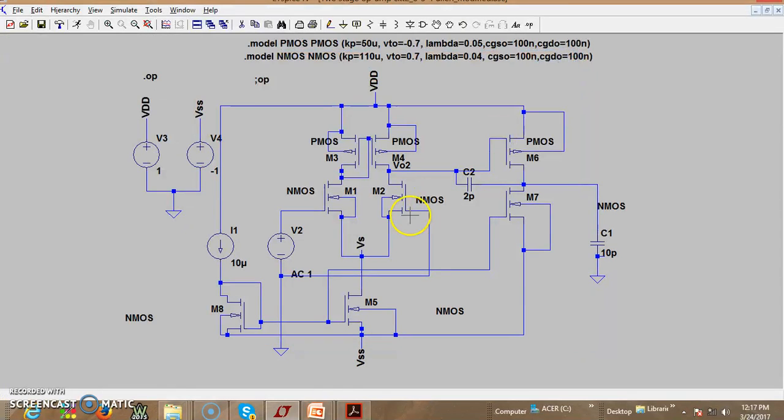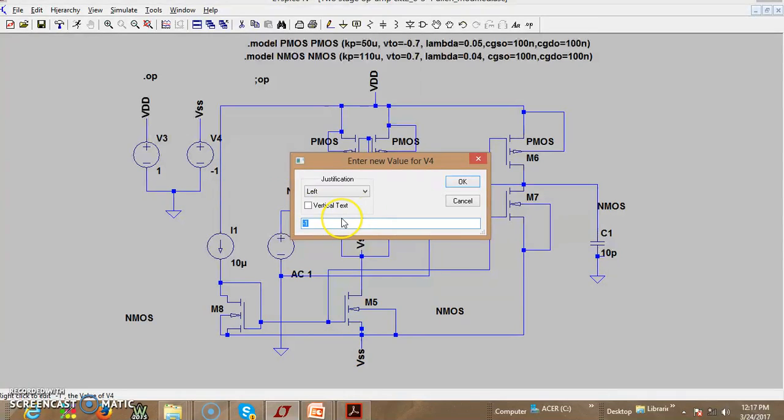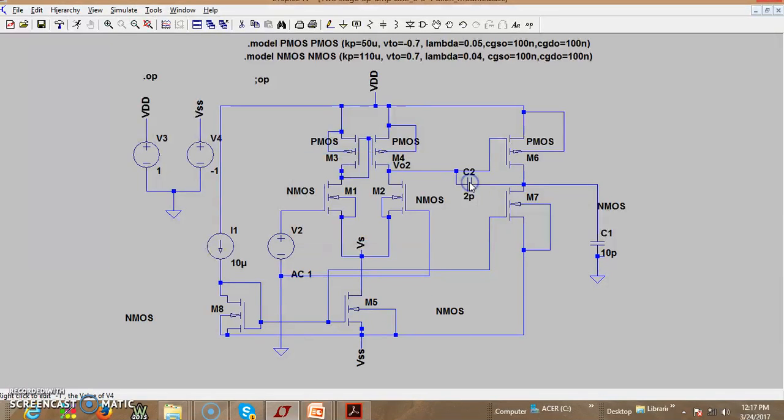In order to increase VGS, let me change this VSS from -1 to -1.2. That will increase the VGS by around 200 millivolt. So let me make it minus 1.2.